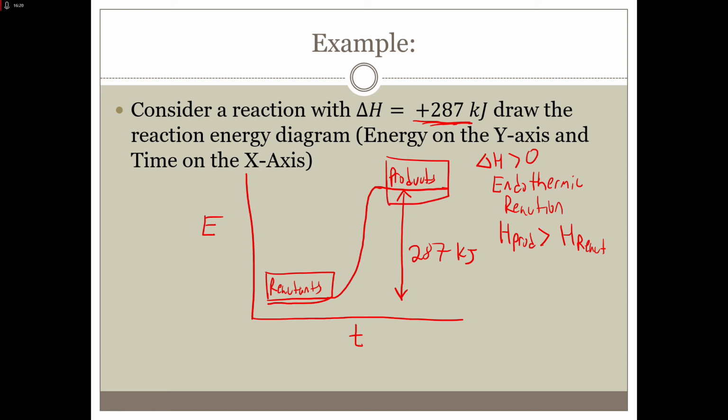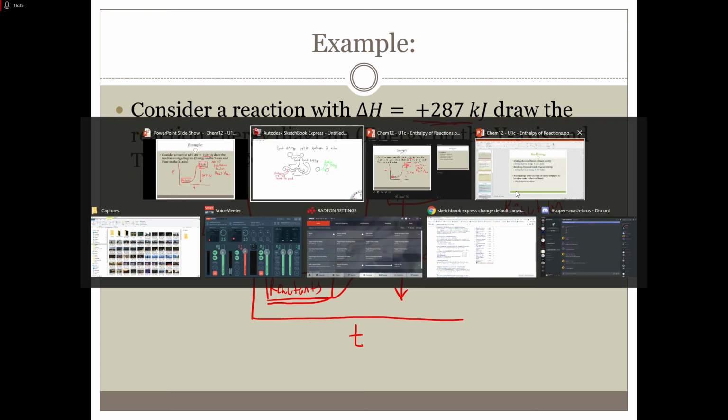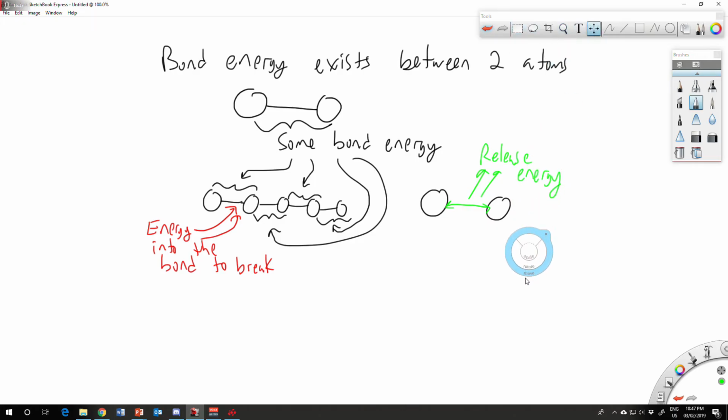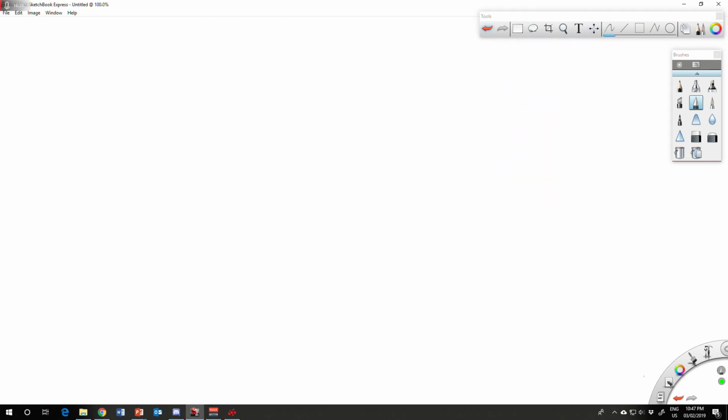And what that will tell us is whether the reaction is endothermic or exothermic, and what kind of delta H change we will end up seeing. Alright, there you go. So that's what enthalpy is. Enthalpy is simply the energy of the system.